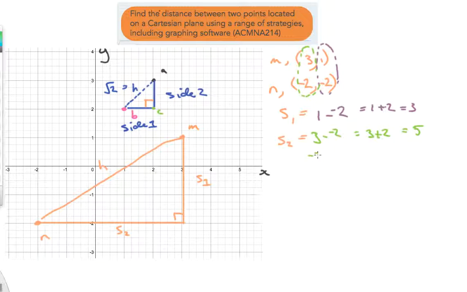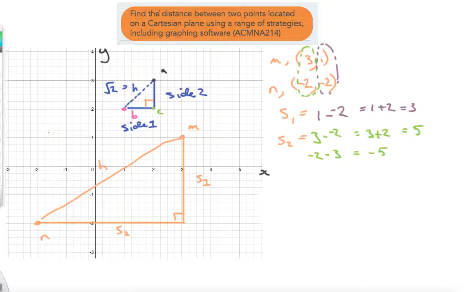Let's try it the other way. If we went negative 2 minus 3, we'd have negative 5. And we'd be thinking about going that way instead of that way. But if we take away the bottom left point from the top right point, then we should be pretty safe.